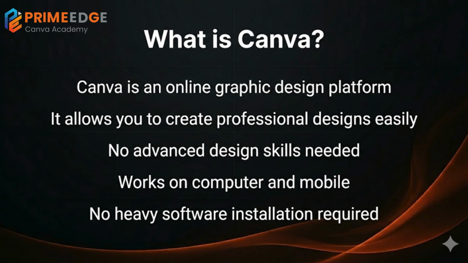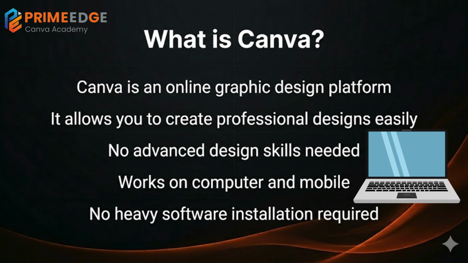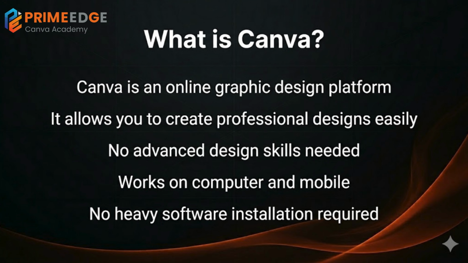The best part is that you do not need advanced design skills. Even if you have never designed anything before, Canva makes the process simple and beginner-friendly. It works on both computers and mobile phones. So whether you are using a laptop or a smartphone, you can still create beautiful designs.